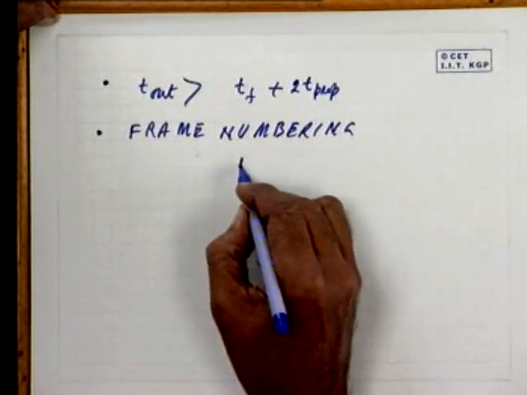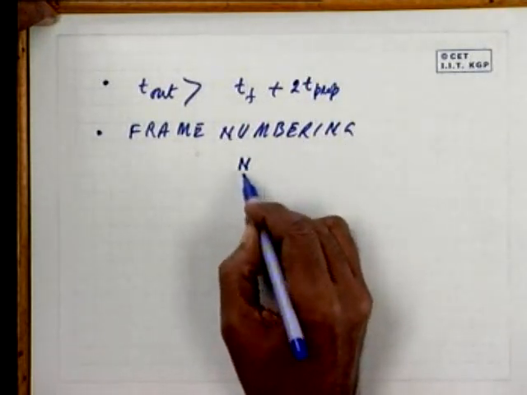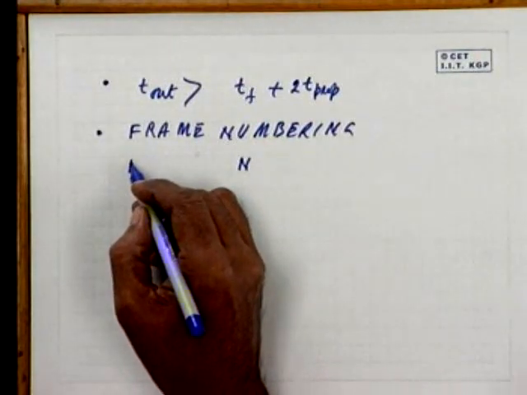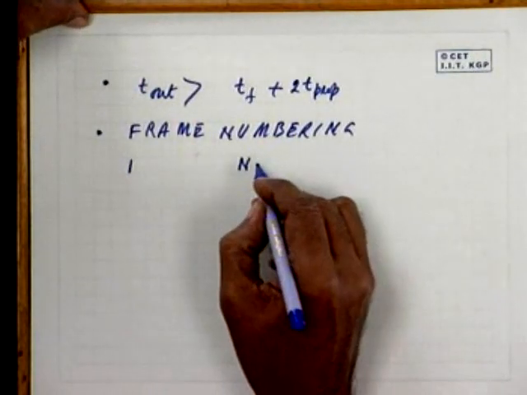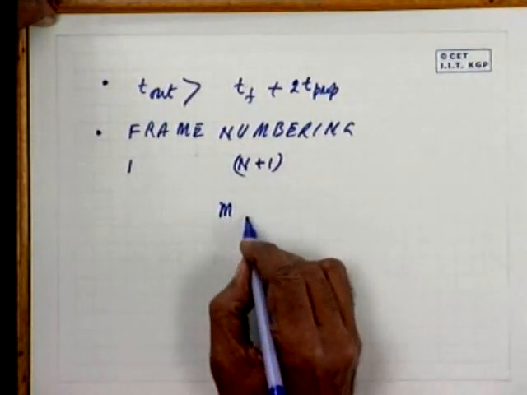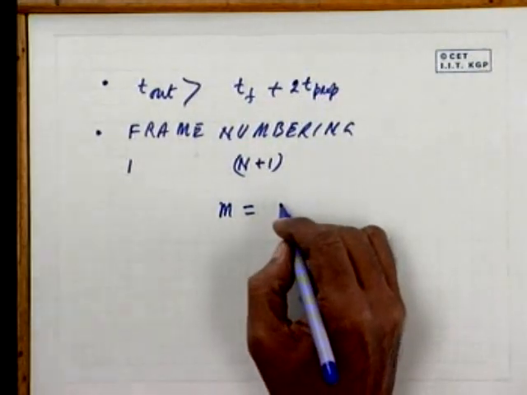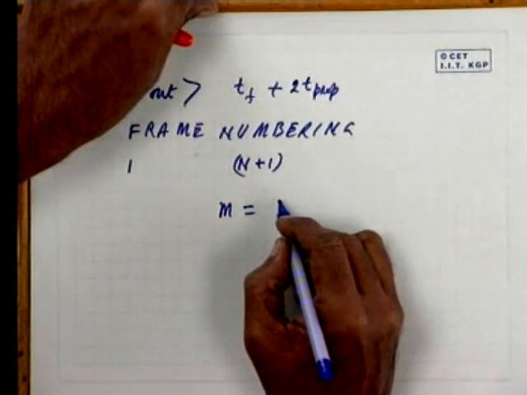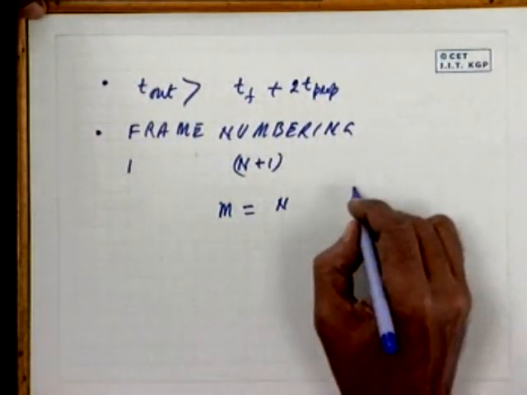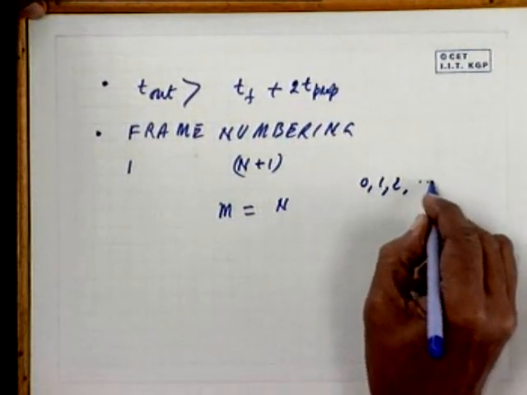If n is the maximum number of frames that can be sent before receiving an acknowledgement, then it has been found in case of go back n ARQ that the maximum frame sequence number will be equal to n plus 1, where the frame numbers are 0, 1, 2 up to n.